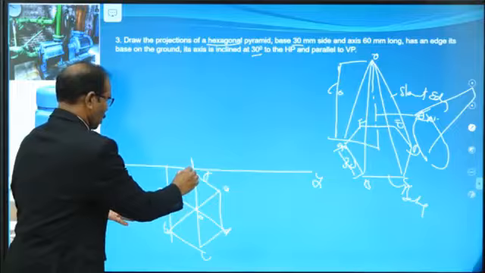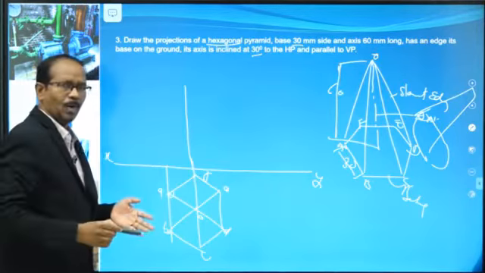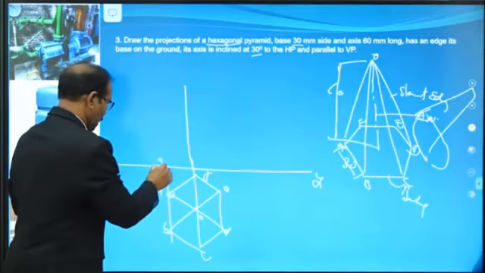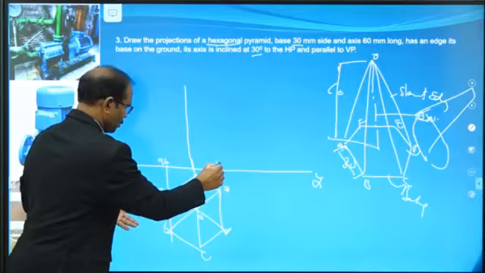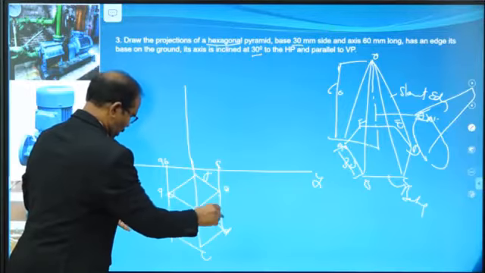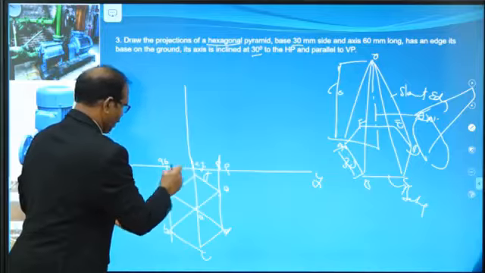Extend. Now the axis line is overlapped with one edge. Say this is A, B, C, D, E. Now this is C and F.